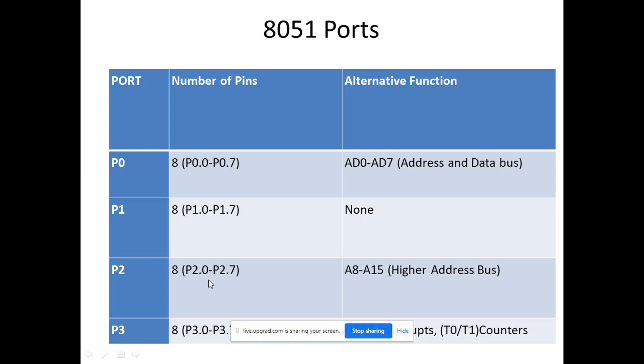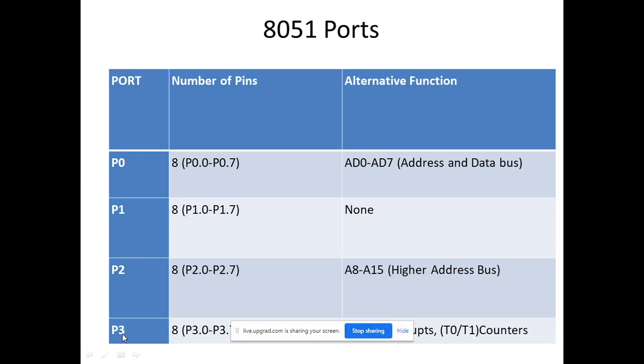Port number 2: first function is GPIO and second function carries the higher address byte, because our address is 16-bit. Address 0 to address 7 is coming on P0, whereas address 8 to address 15 is coming on port number 2.